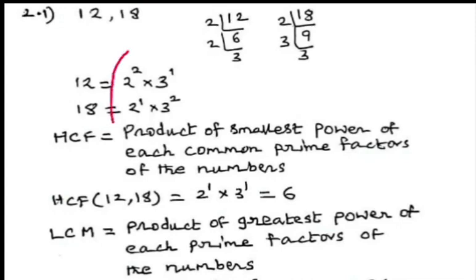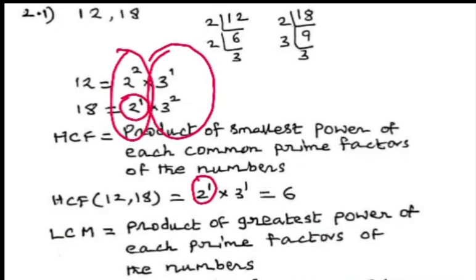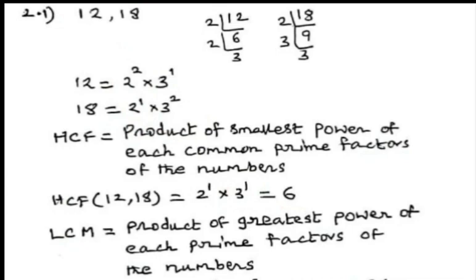To find HCF, we write 2 power 1 and 3 power 1; between 3 power 1 and 3 power 2, we consider only 3 power 1. So HCF is 6.